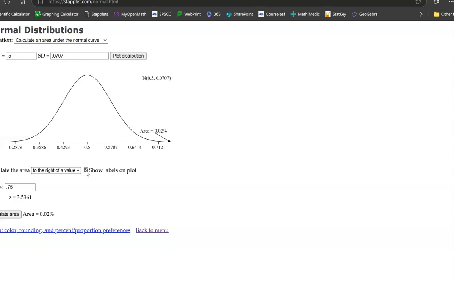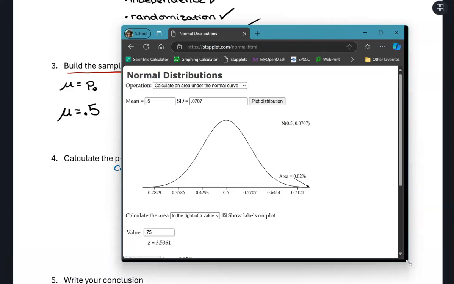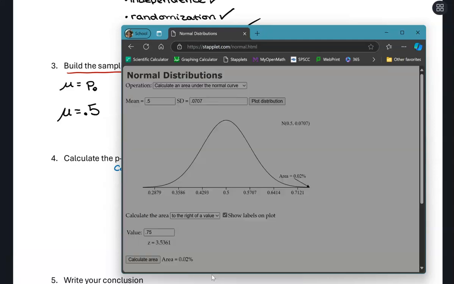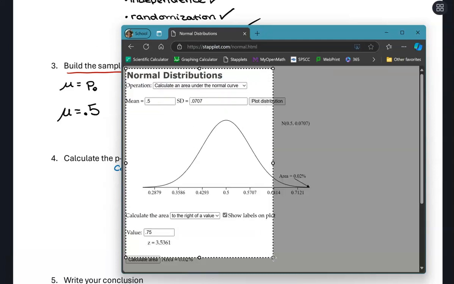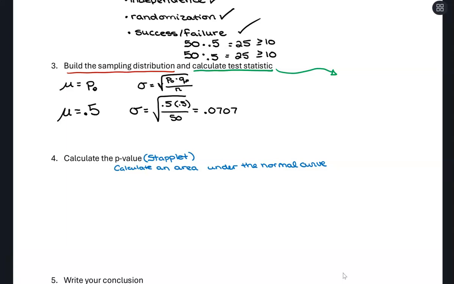I'm going to go ahead and show some information here so I can see the teeny tiny area of 0.02%. And I'm going to grab a screenshot of this so I can draw it a little bit and we can see all those pieces coming through here. So here's all my information right here in a nice picture.